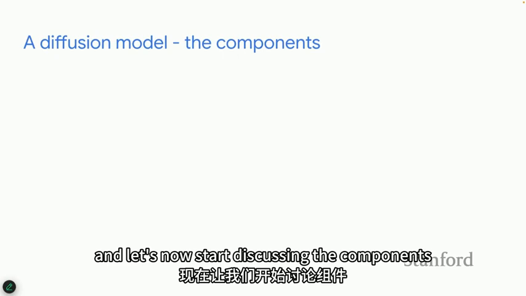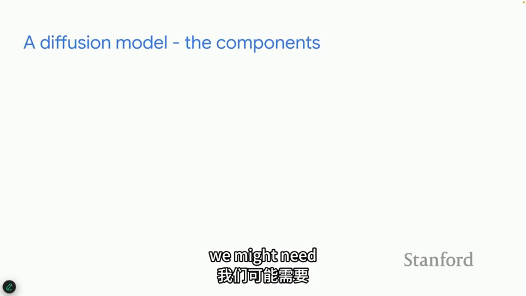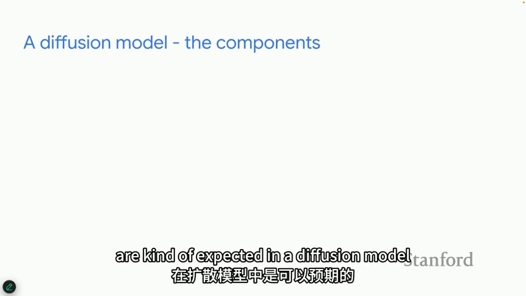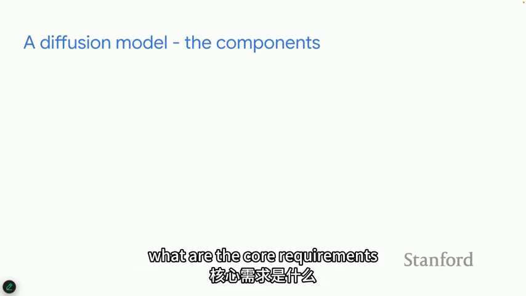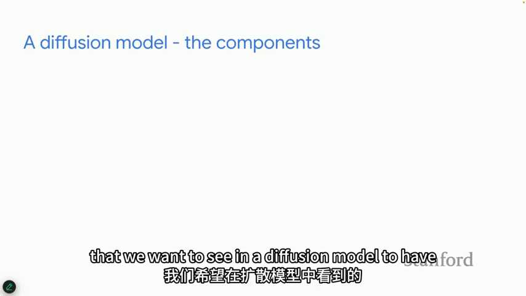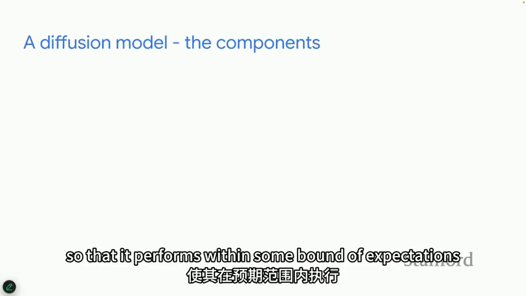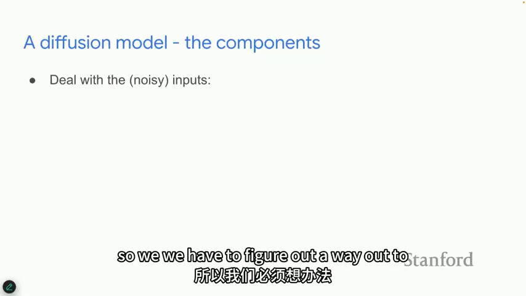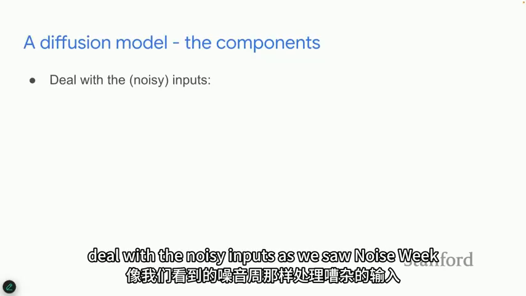And let's now start discussing the components that are kind of expected in a diffusion model. What are the core requirements that we want a diffusion model to have so that it performs within some bound of expectations? So we have to figure out a way to deal with the noisy inputs.